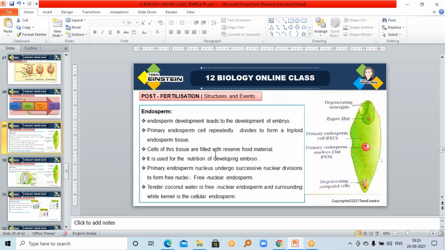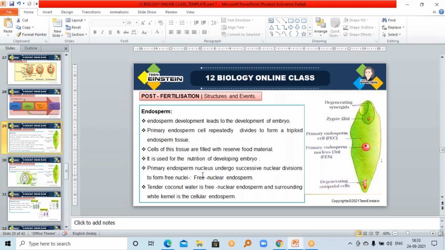The cells of this tissue are filled with reserve food material. This reserve food material is used by the developing embryo, so that provides nutrition for the developing embryo.